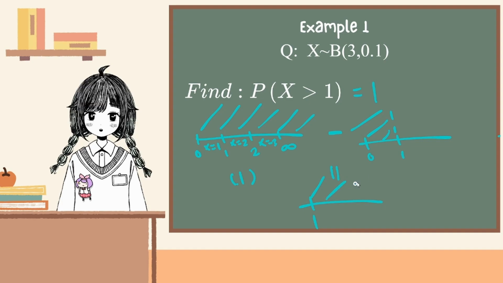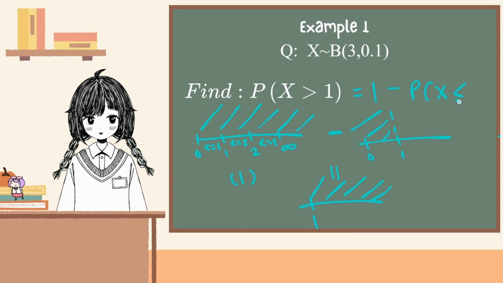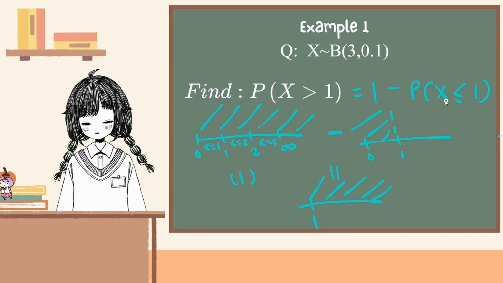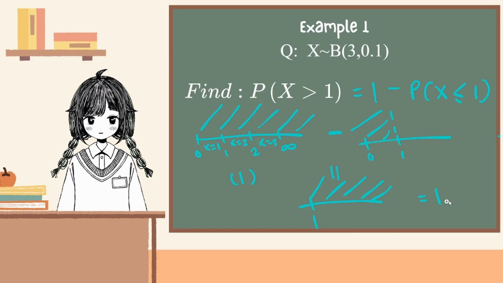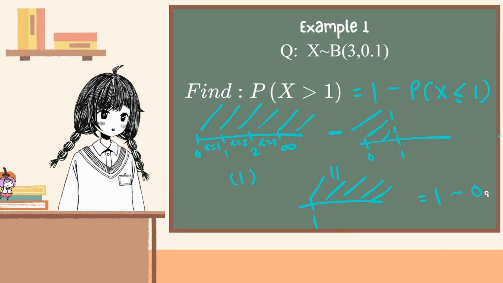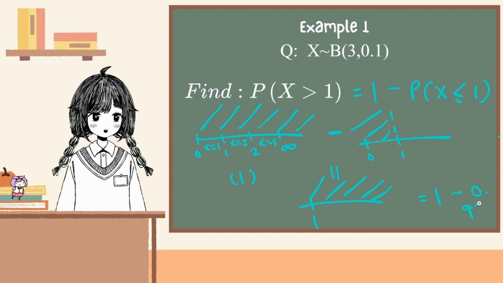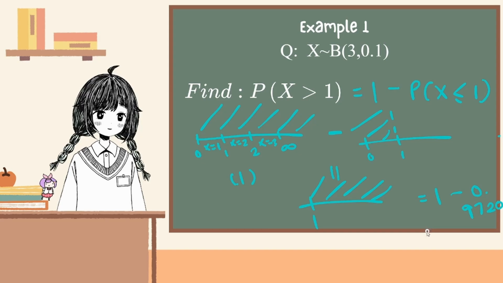Then we get the more than 1 here. 1 translates to P(X ≤ 1). So the final answer will be 1 minus 0.9720. So this will be our answer.